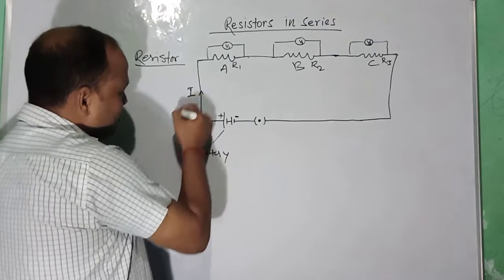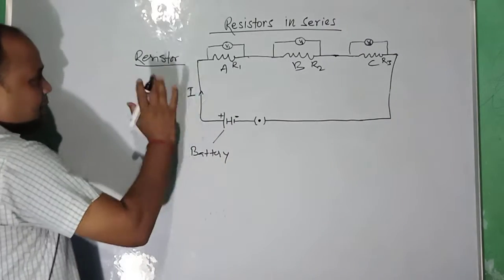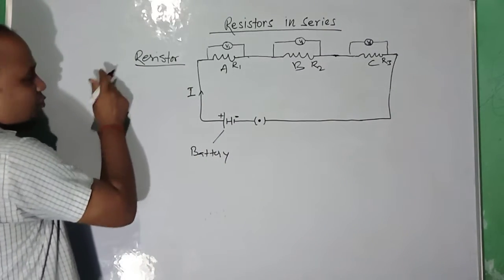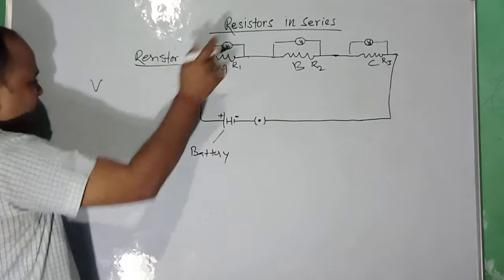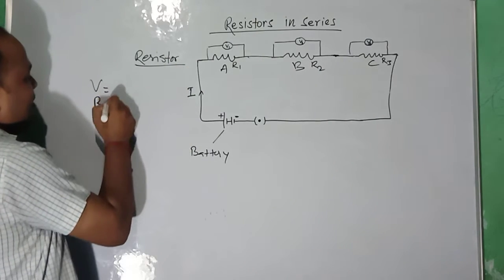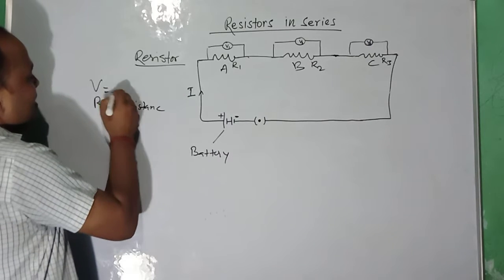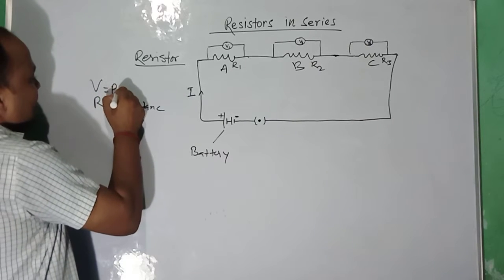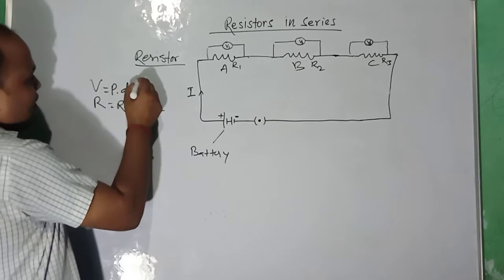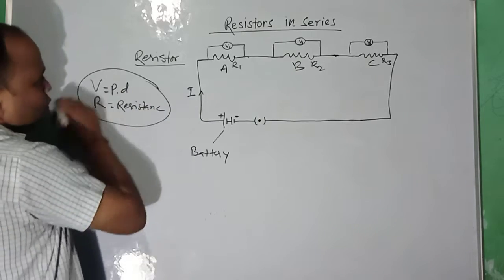Let V be the equivalent voltage or total voltage of the circuit, R be the total resistance of the circuit, and this is the PD, potential difference across the circuit. This is for the whole circuit.